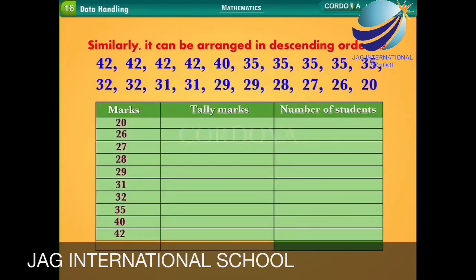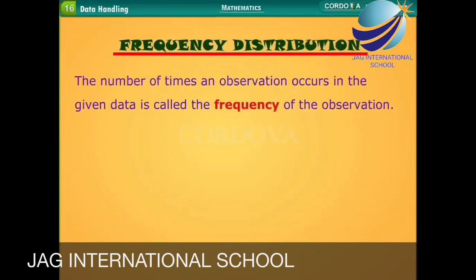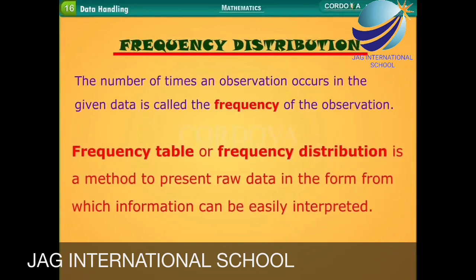Marks, tally marks, number of students: 1, 1, 1, 1, 2, 2, 2, 5, 1, 4, 20. Frequency distribution. The number of times an observation occurs in the given data is called the frequency of the observation. Frequency table or frequency distribution is a method to present raw data in the form from which information can be easily interpreted.